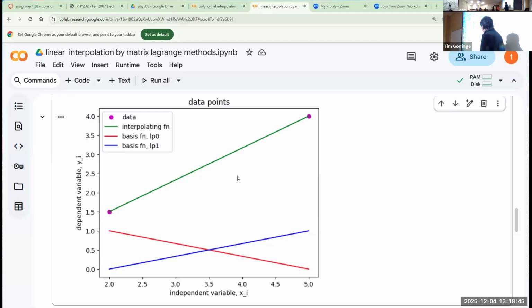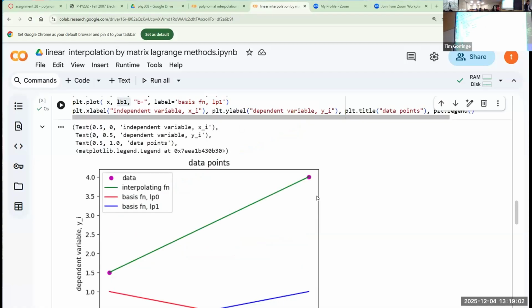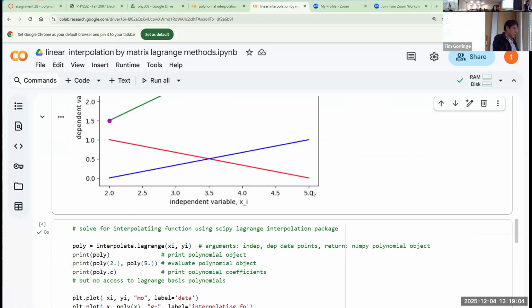And the blue one, we weight by the y value of the second data point, the 4. And the combination of those two produces the green curve, the interpolating polynomial. Okay, so that's the second method.